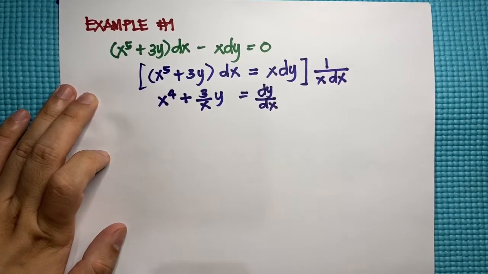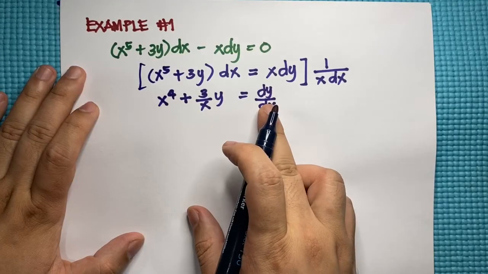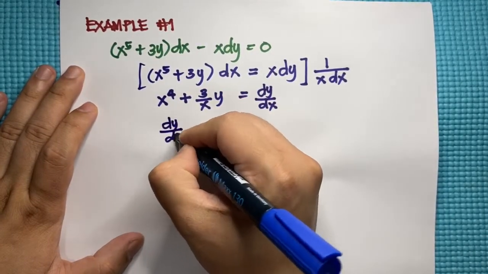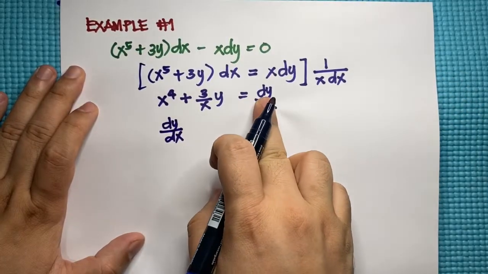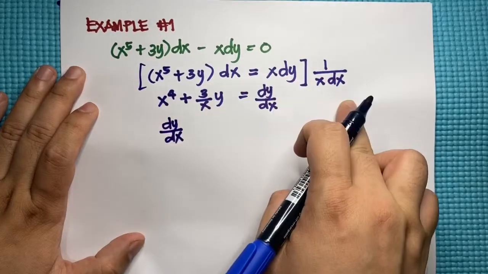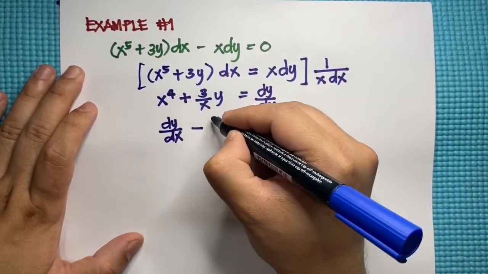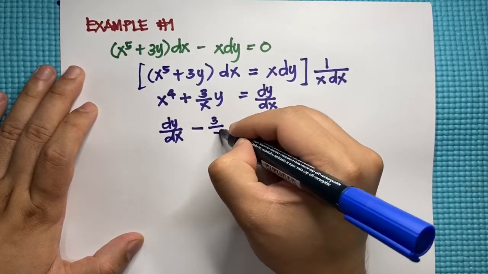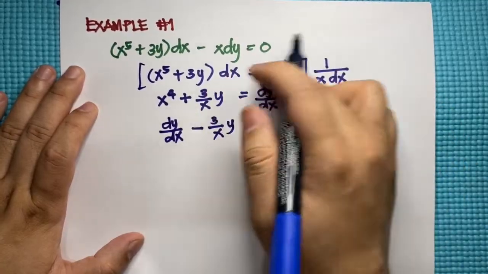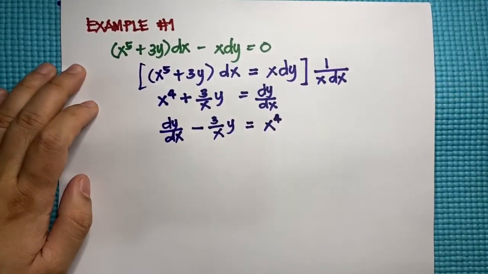Rearranging our given differential equation into its standard form, we can see here that we have dy over dx, and the plus 3 over x times y could be transposed to the right side. In that case, that would become negative 3 over x multiplied with y, and that would be equal to a simple x raised to the fourth.